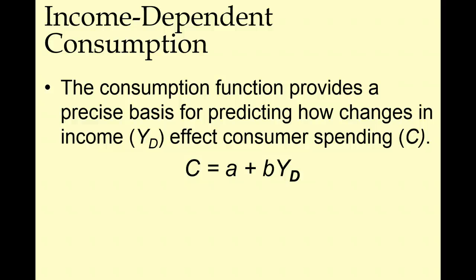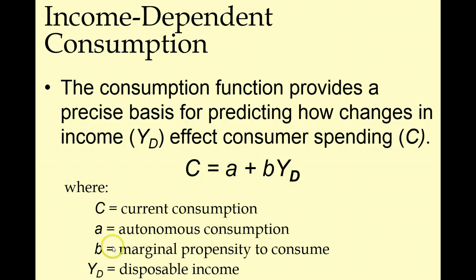The equation is going to look like this. This is consumer spending right here, consumption spending. And A is spending that has nothing to do with income. We call this autonomous consumption. Then this right here, this part is income-dependent spending.